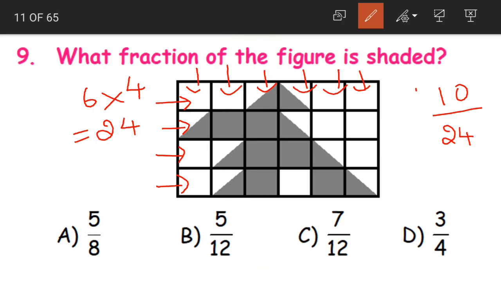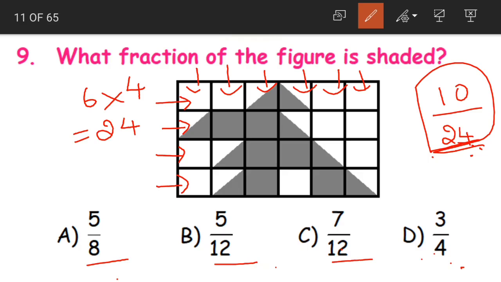And if we look at the given options, we do not have 10/24 in our answers. But does that mean that our fraction is wrong? No, it is correct. But in the given options, we have to find the equivalent fraction for this. See, option B, 5/12.